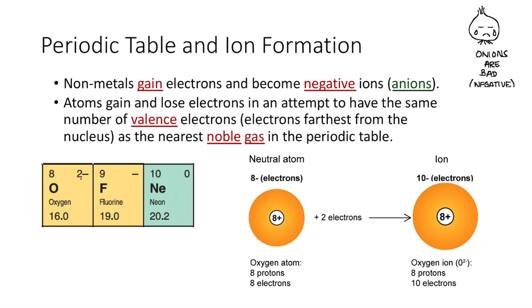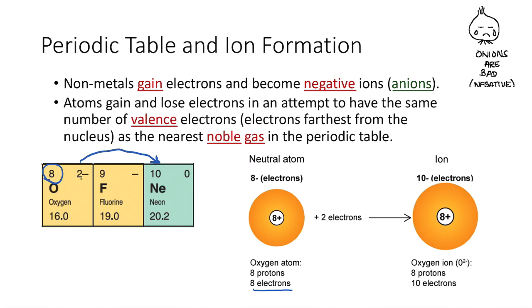If we have oxygen, for example, which has an atomic number of 8, meaning it has 8 protons, so the neutral atom would also have 8 electrons. In order to be like neon, which is the closest noble gas, it needs to gain 2 electrons, giving it a negative 10 charge for electrons and a positive 8 charge based on the protons.